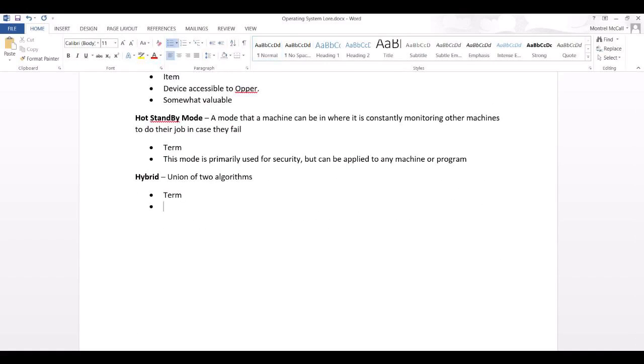This is also going to be a term, and it's going to be exactly what it says. When two things, mainly algorithms, are combined. Which, really, that's what a hybrid is in general, even outside of operating systems.